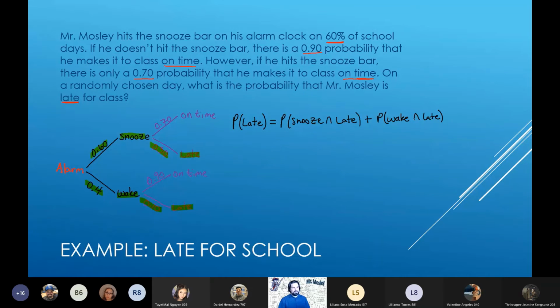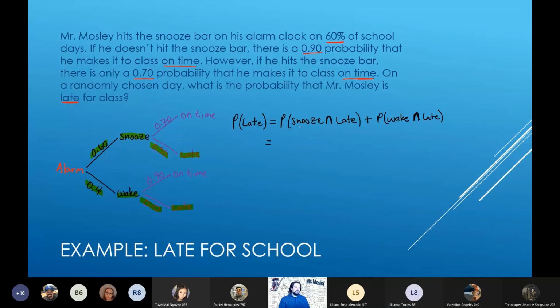And again, I'm using our little notation here, that kind of like upside down U. All right. So now this is where we get our new general multiplication rule.